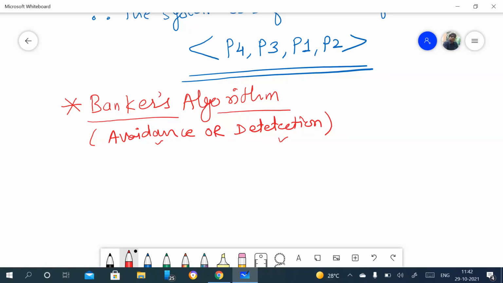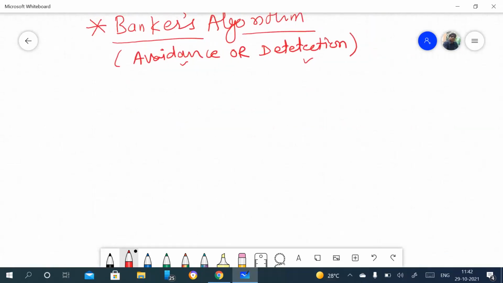Before writing the example, you can ask me if you have any doubt in the previous example.